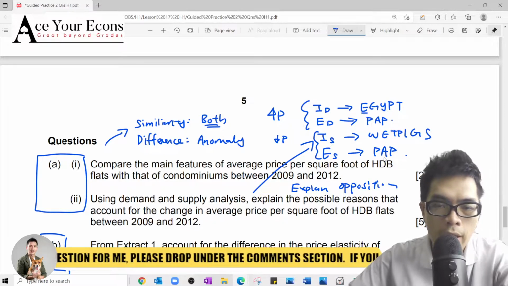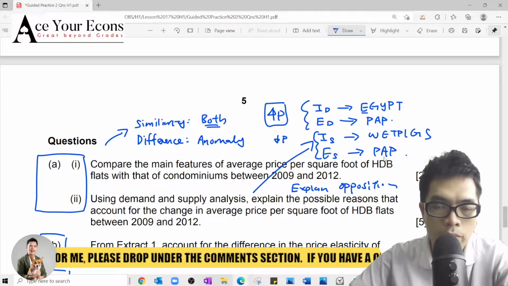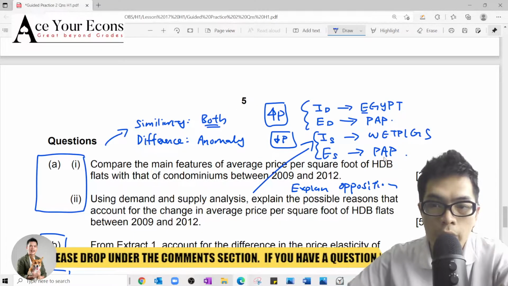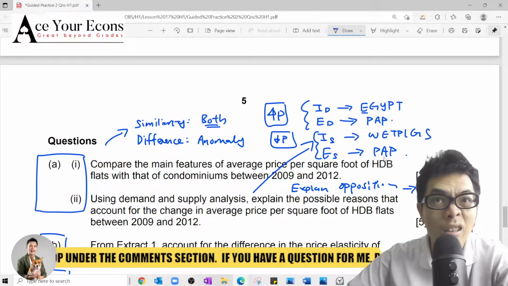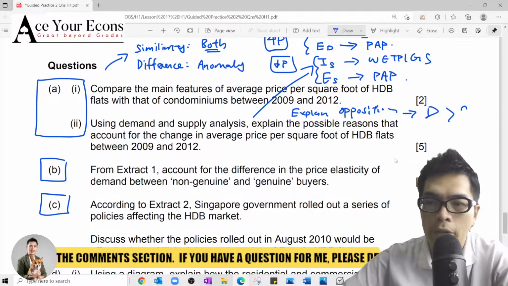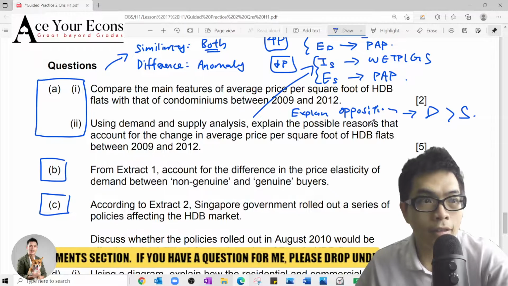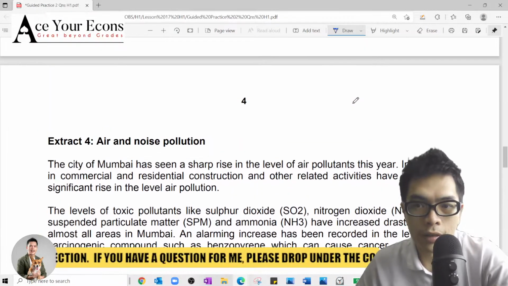So realize that the first 2 marks go to a higher price level, the next 2 marks go to a lower price level. The last mark, we have to conclude that the demand factor outweighs the supply factor. That's why it's gradually increasing. So the keyword here is gradually increasing.